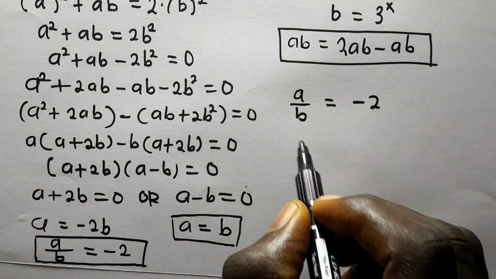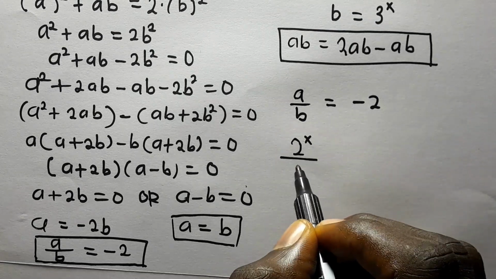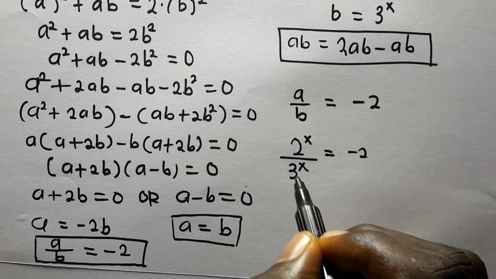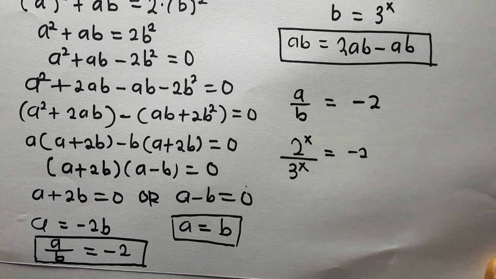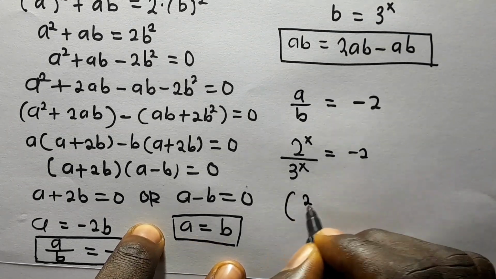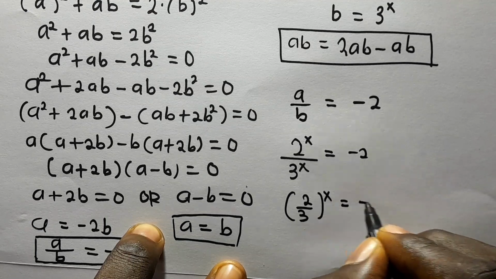That means we have 2 raised to power x divided by 3 raised to power x equals minus 2. From here, according to law of indices, we can have 2 divided by 3, all raised to power x, equals minus 2.